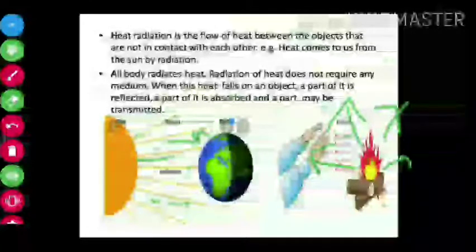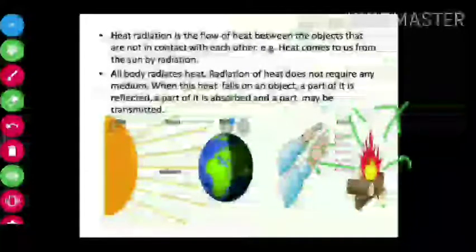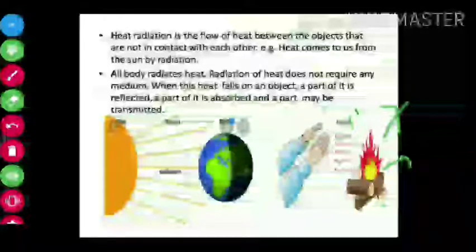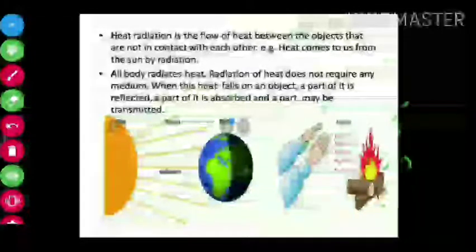Radiation of heat does not require any medium, so it can travel in space also. In space there is no medium, and when this heat falls on an object, a part of it is reflected, a part of heat is absorbed, and a part is transmitted.